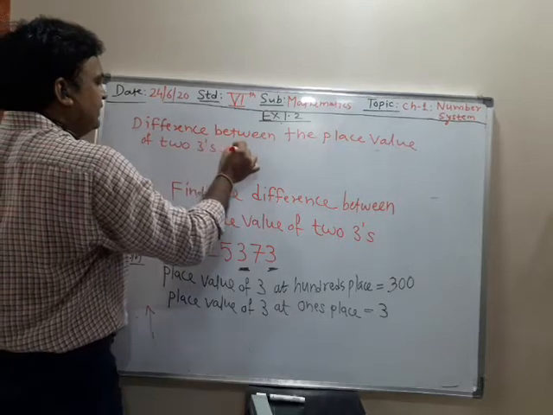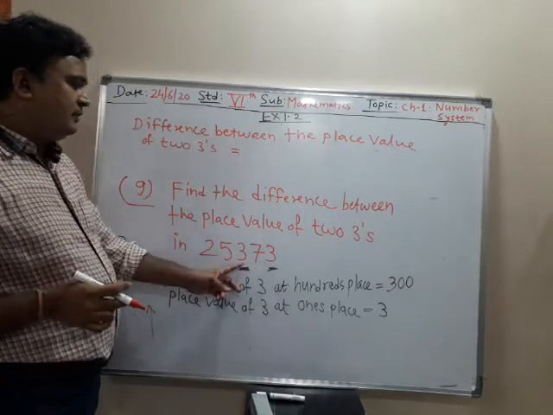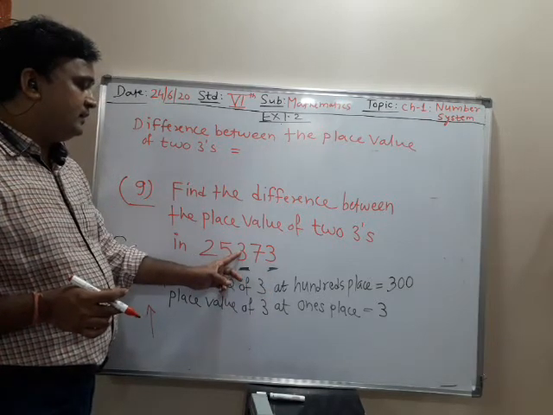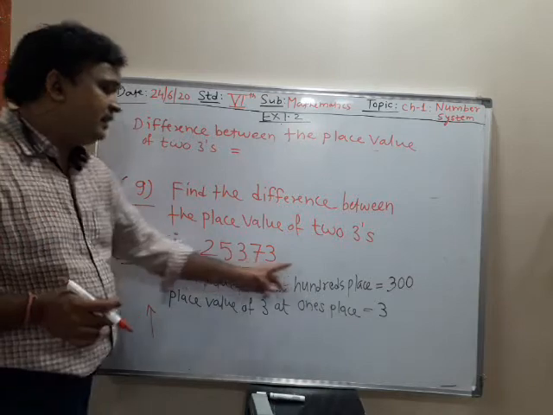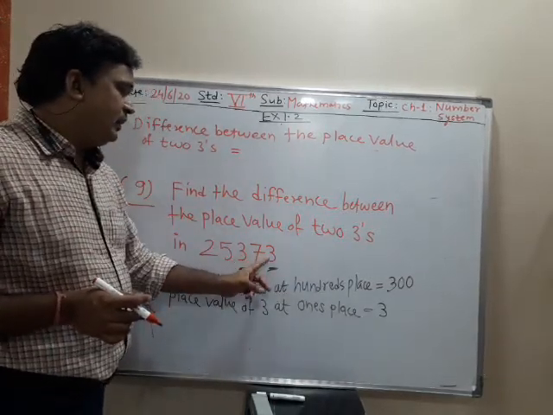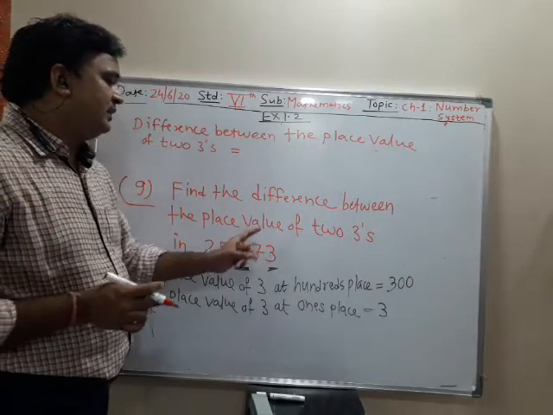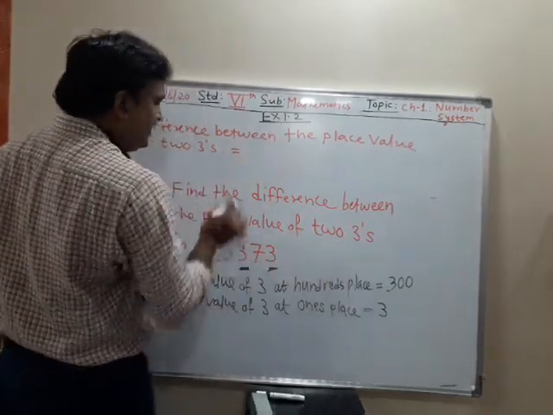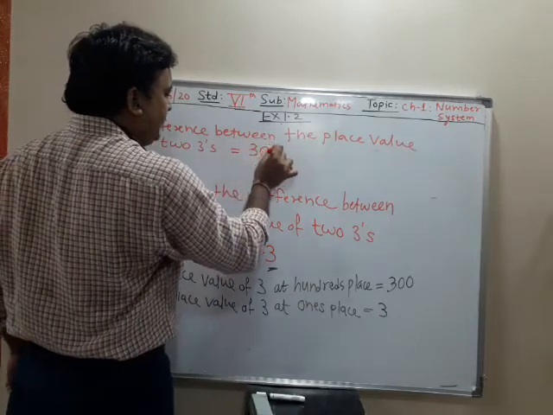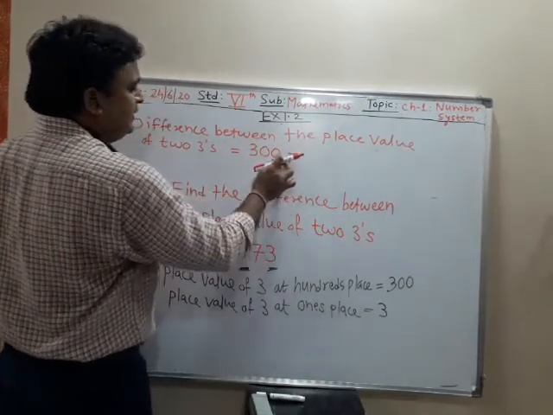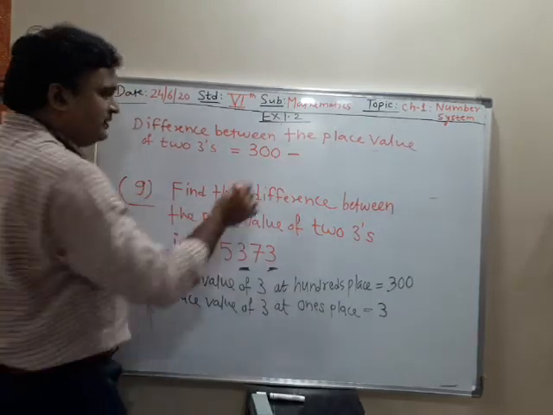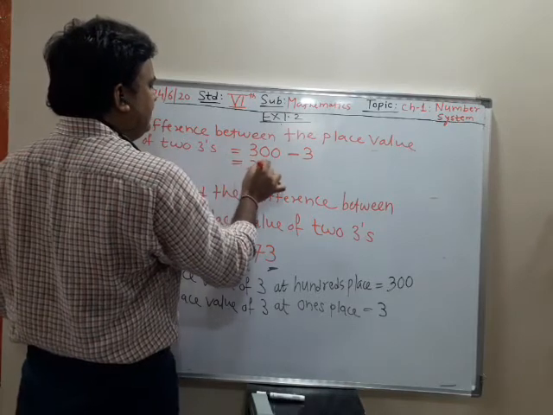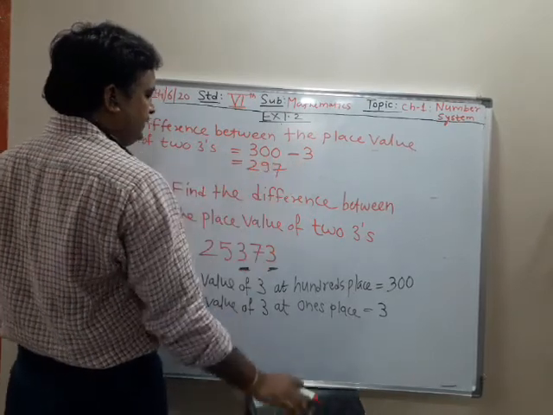There are two threes. One is at hundreds place and one is at ones place. So at hundreds place the place value of 3 is 300, and at ones place the place value of 3 is 3. Difference means minus. 300 minus 3, and that is 297.